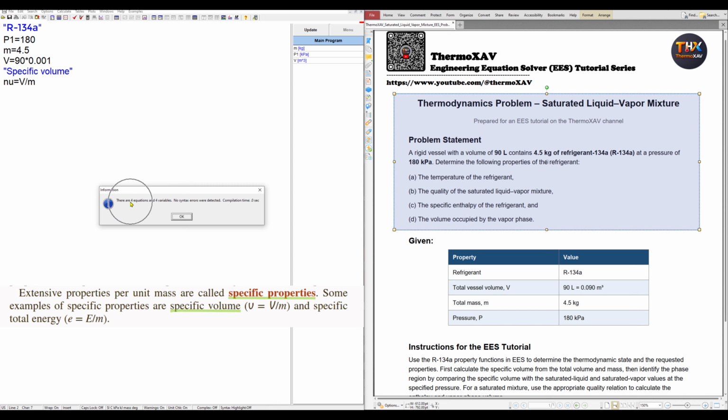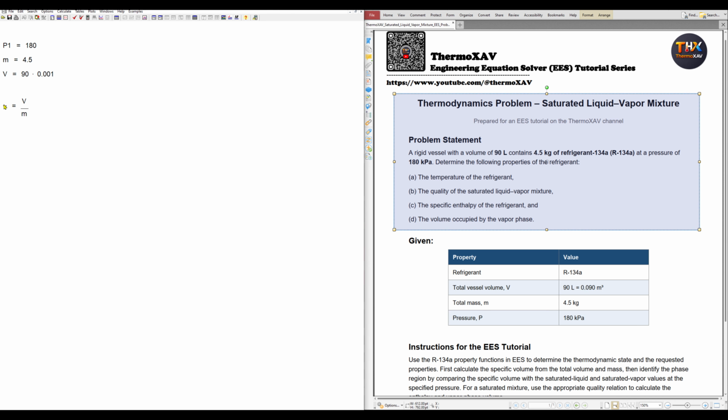You can check the equations. You have 4 equations and 4 variables, so you can simply solve. Before pressing solve, I will go to the formatted equations to show this Greek letter. As you can see, you can simply write down the Greek letter.